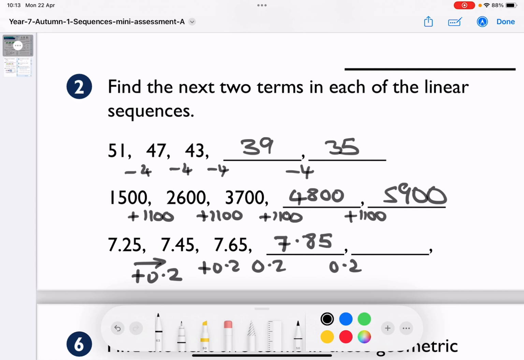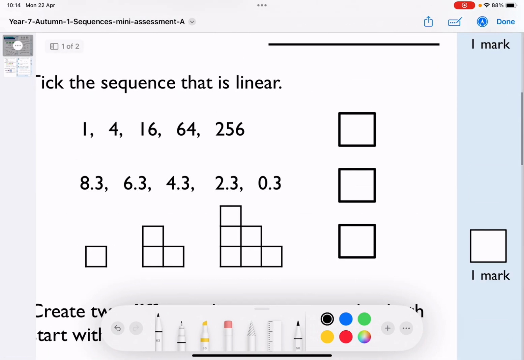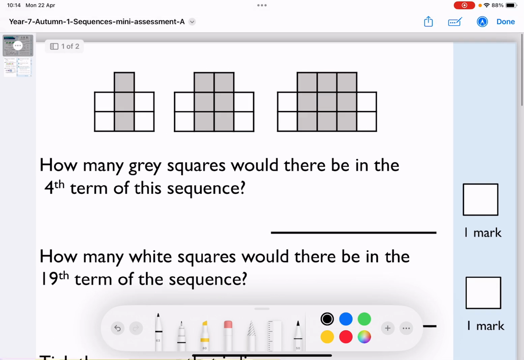Now be careful with this one, because if I add 0.2 to this, if I quickly do it, 7.85, 0.2, I get a 5 on the end. The 2 and the 8 make 10, which I then carry on to the next column, and 7, so this would be 8.05.